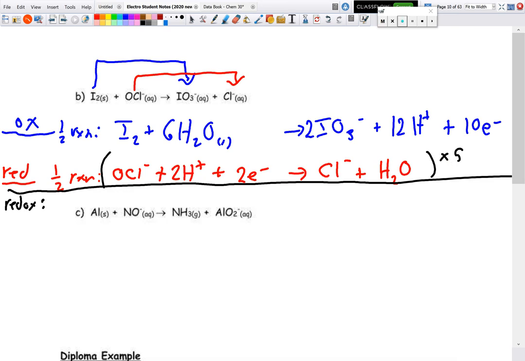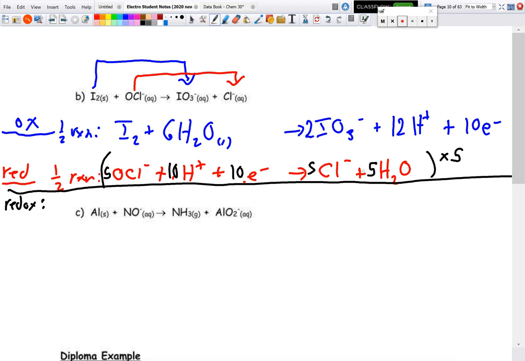So I'm going to have to multiply my bottom equation, once again, by 5. So I'm going to get new coefficients in front of everything. So these are the new coefficients.